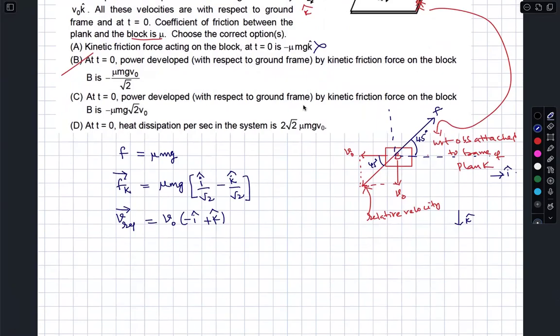What is the power developed by the kinetic frictional force? Power is force dot velocity, the dot product of these two. Mu mg v naught times i cap minus 1 by root 2 minus 1 by root 2. This can be written as minus root 2 times mu mg. Minus indicates loss. Please confirm whether my step is right or not.